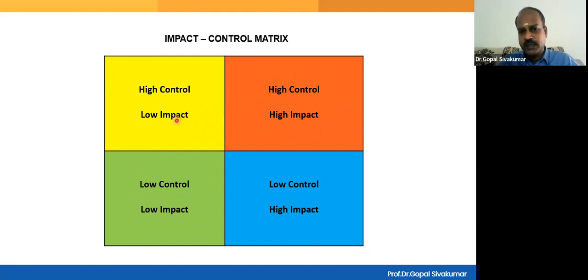In this manner, you categorize each of the factors into one of the quadrants, and whatever factor appears in the orange color area, that should be given the first importance. They can be considered as the potential causes, and then you try experimenting with these factors to understand their criticality.